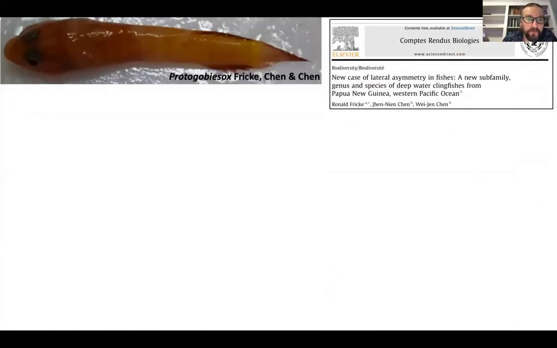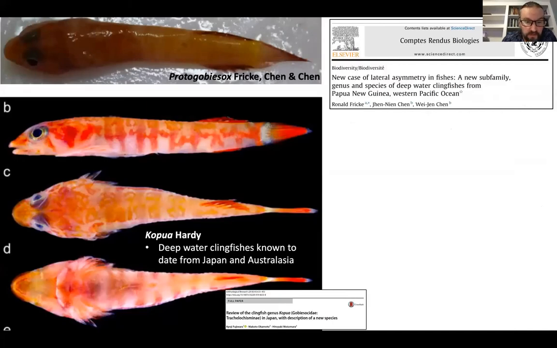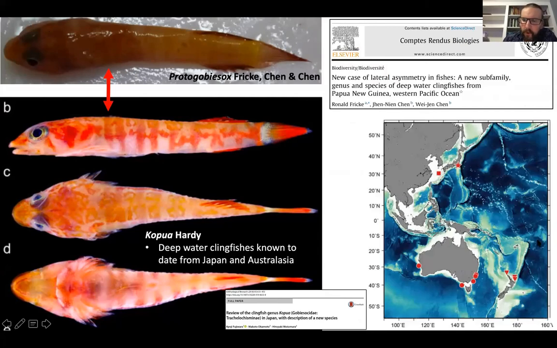And also, if you ask me, I think that this fish should have been described in the genus Copua, which is another genus of deep-dwelling clingfishes that are known from Japan and Australasia. And these fishes are very similar. They have red markings on the body, which are also present in Protogoby esox. Copua has a so-called anti-tropical distribution with specimens known from Japan and Australia and New Zealand.